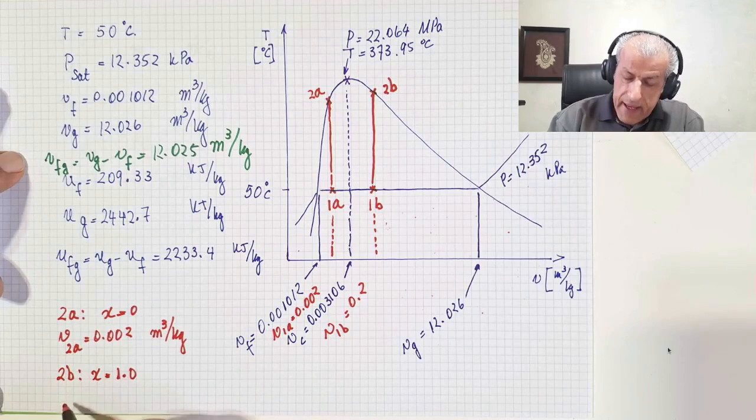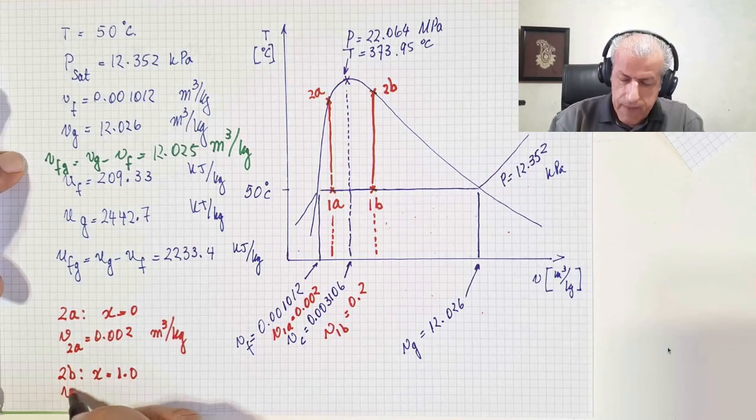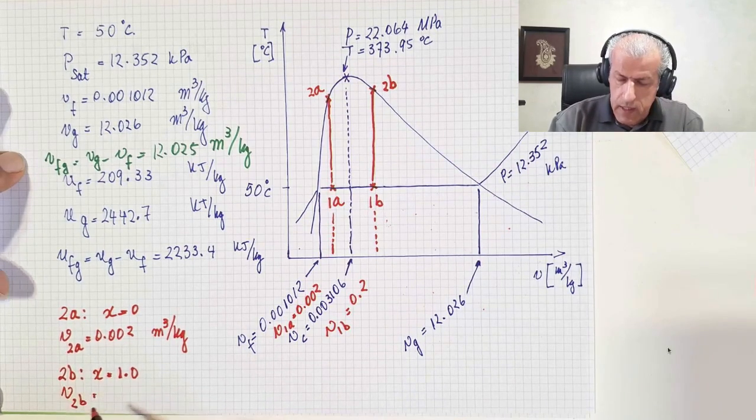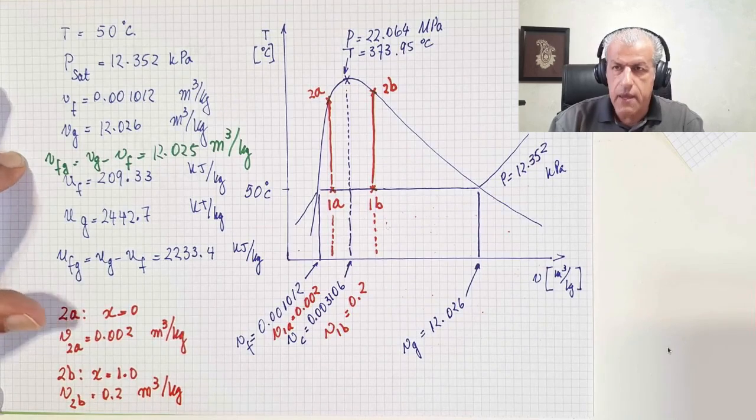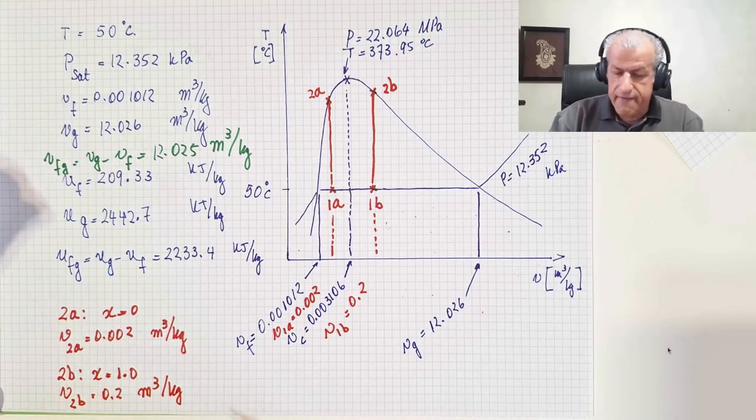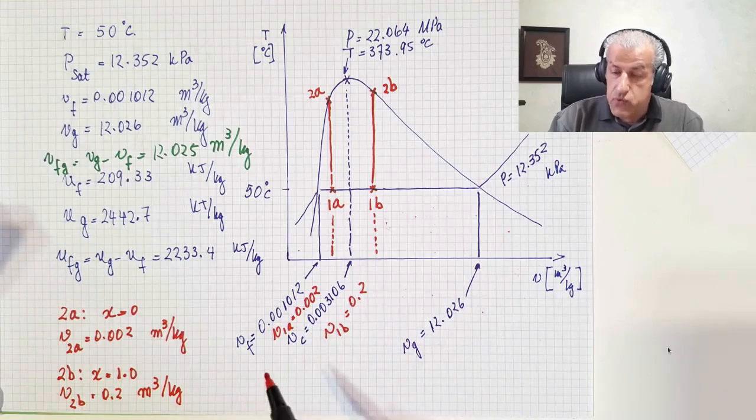And v2B equals 0.2 cubic meters per kilogram. And therefore, we have two processes.